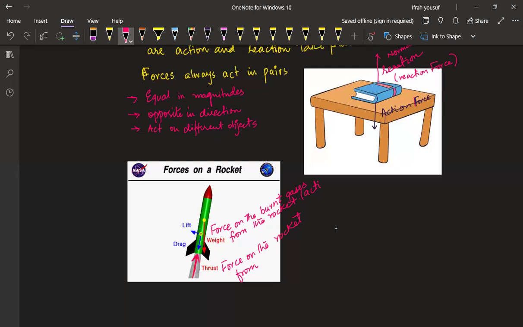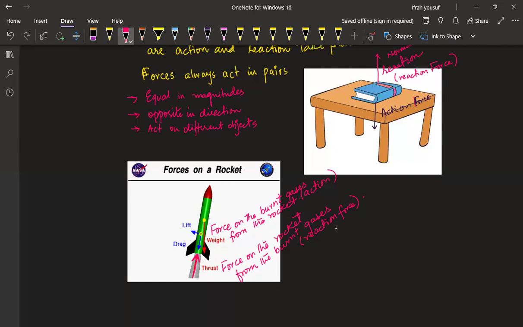The action is caused by the burning of the gases, so the rocket is getting pushed upward. The thrust is acting as a reaction: the force on the rocket from the burnt gases. So this is going to be the reaction force. I hope this makes sense.